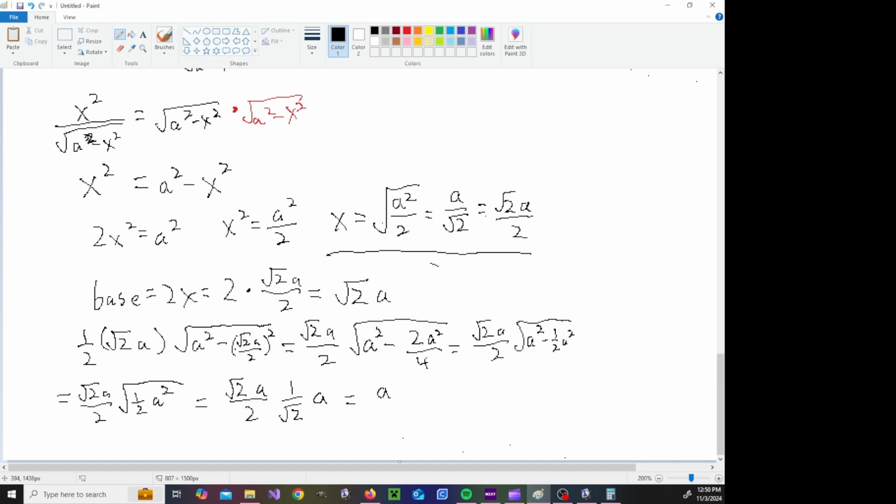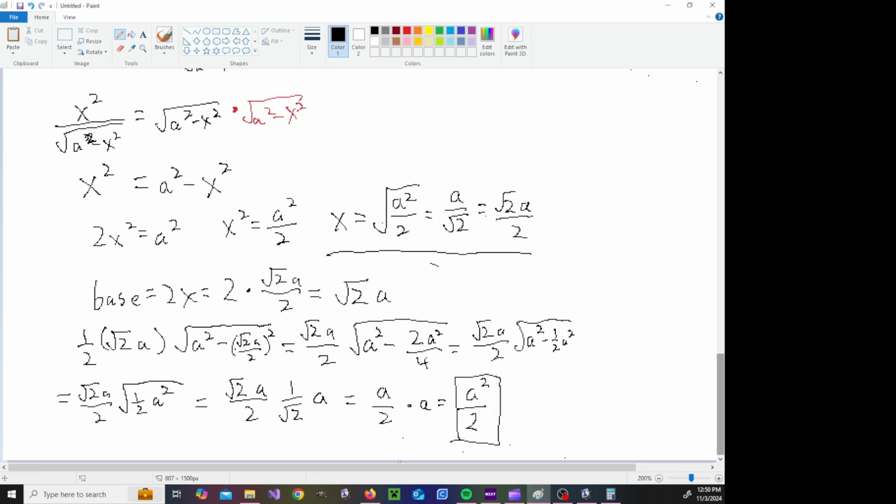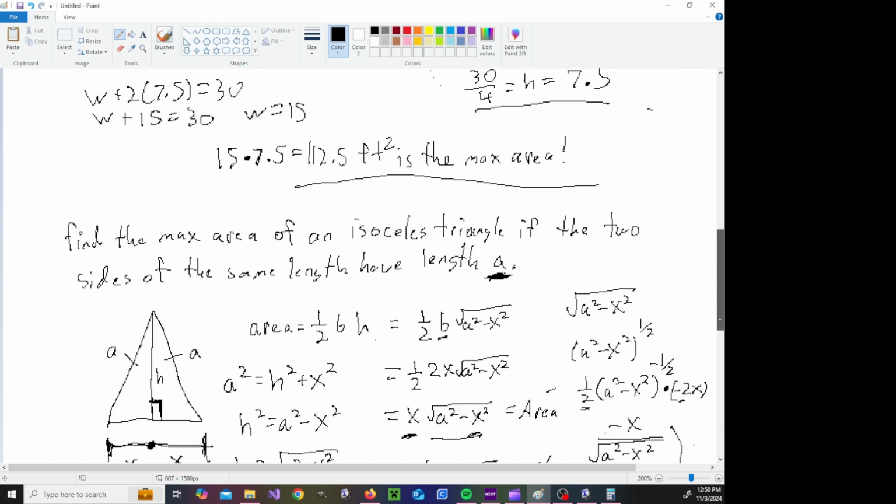So we're left with an a on top, and then divided by 2, and then multiplied by a. Well, this is just a squared over 2. So this is the maximum area. Oh my gosh, all of that work. Yes, this is the maximum area of the isosceles triangle that we drew here.